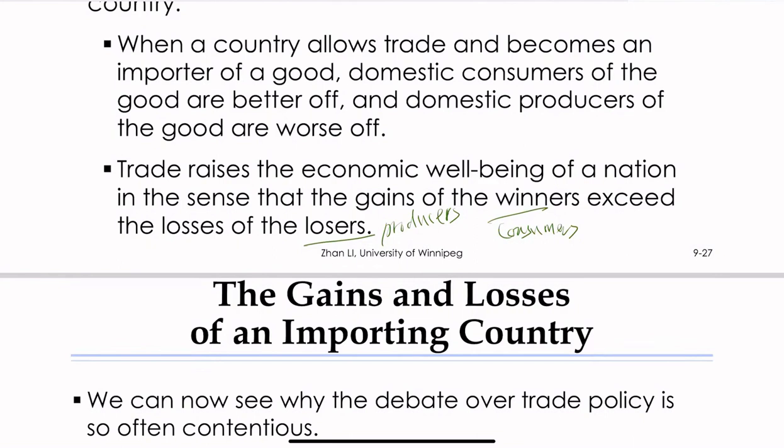So they will actually use a lot of lobbyists, right? They could actually organize some protests. You can actually see this in the trade war, right? Essentially the US becomes a big importer because China has become this world factory, right? So basically a lot of firms in the US won't be happy with this. So you can see that there were all kinds of political activities related to this trade war.